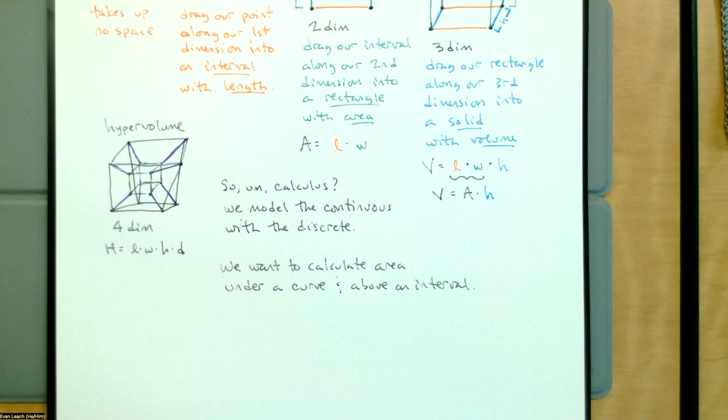The reason that we want to do this is that area is calculated with multiplication. Anytime we can use multiplication to answer a question, that's a time when we're going to want to use this integration business that we're leading to. We're going to want to find the area under a curve, not because the area under a curve is so important, but because the area does not just have to be length times width.